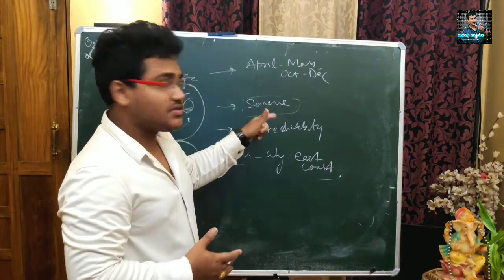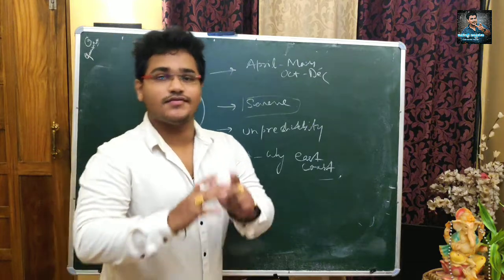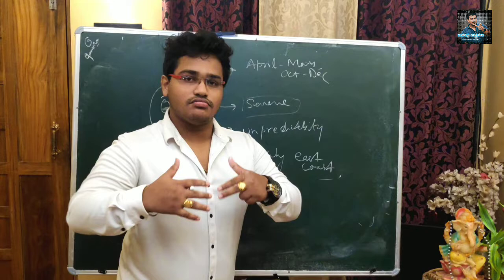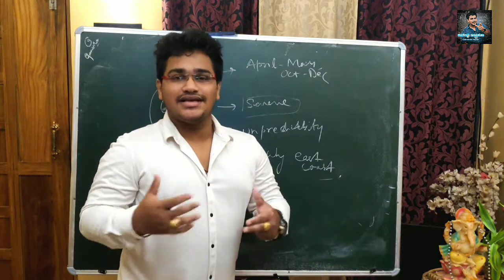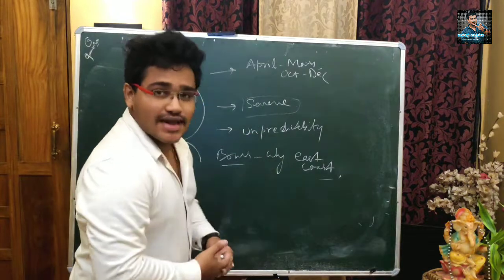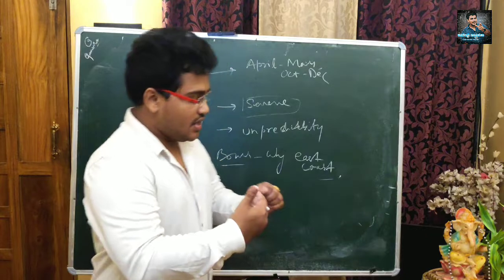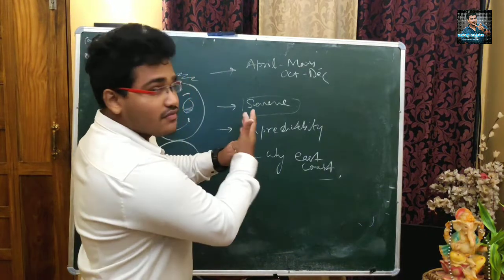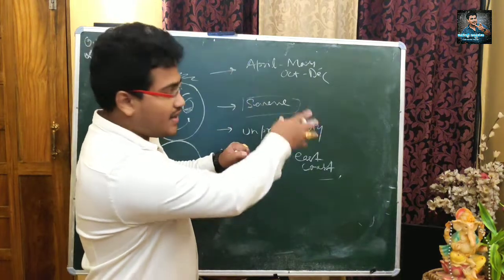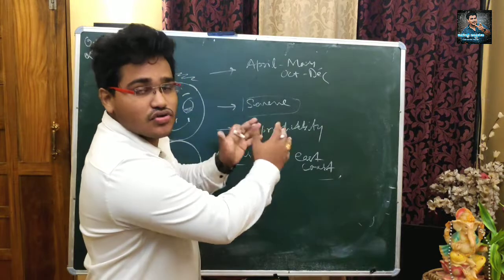And what are the factors that decide the severity of a cyclone? The more time the cyclone spends on the surface of the sea, the more severe it becomes, or the bigger and bigger size it acquires. Unpredictability, we discussed in the direction, why the direction of the cyclones is always uncertain, because they keep on joining with the other low pressure zones or pocket areas, and so their distribution is not even.